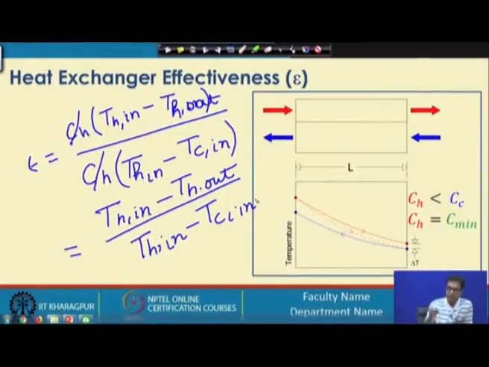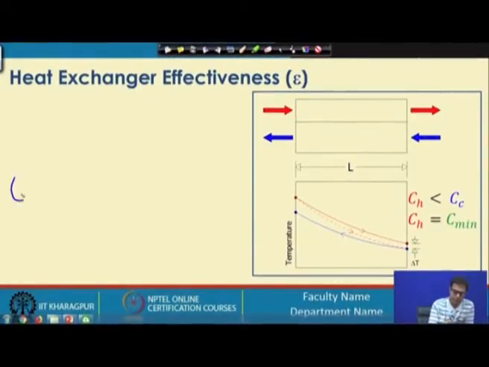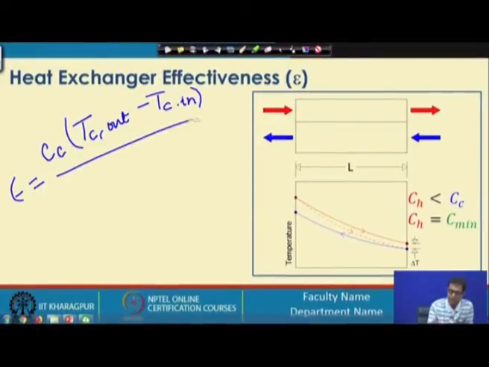The same thing can also be written in terms of the cold fluid enthalpy change. So, that becomes C_C multiplied by (T_C,out − T_C,in) divided by C_max.